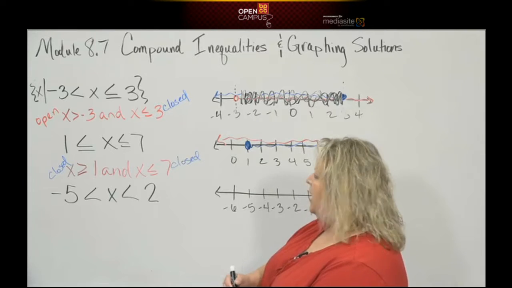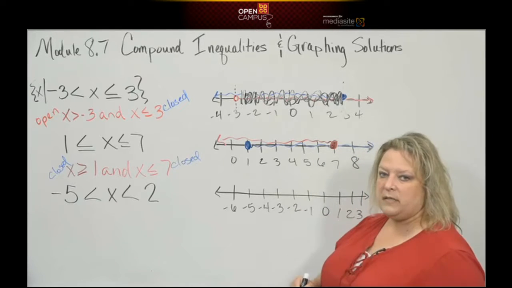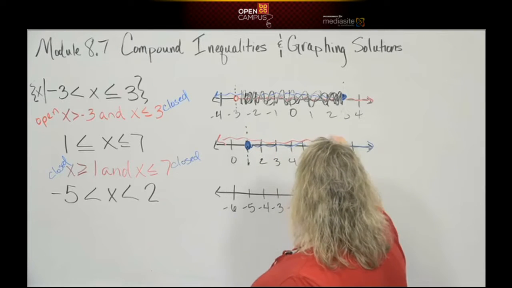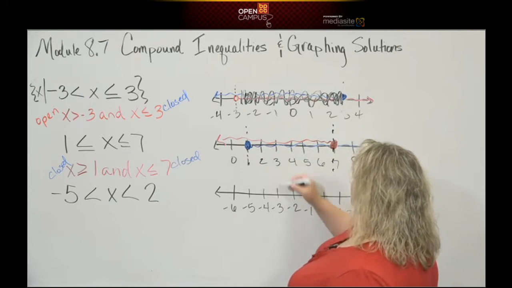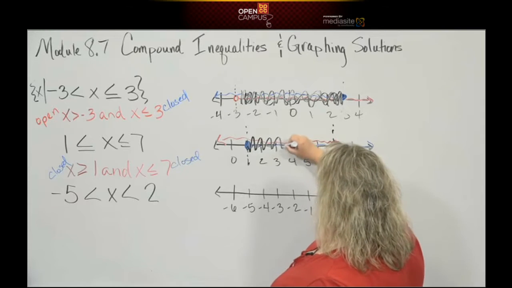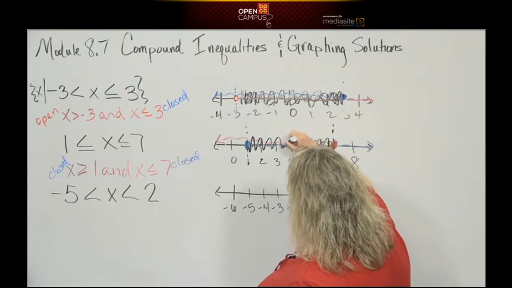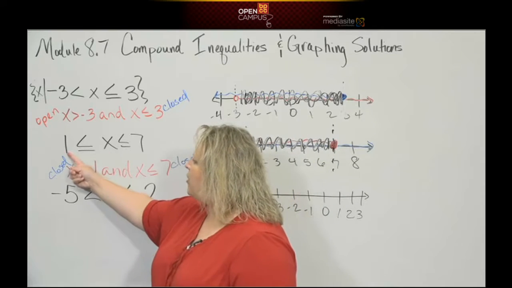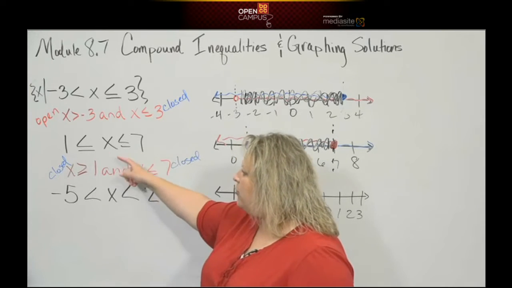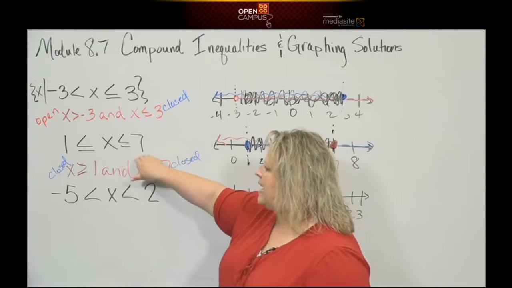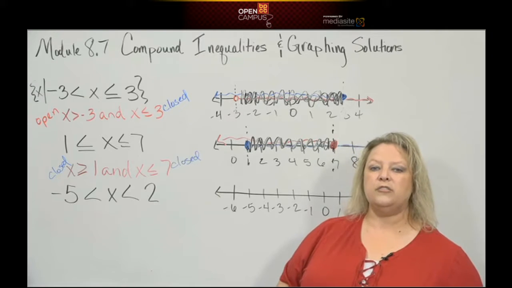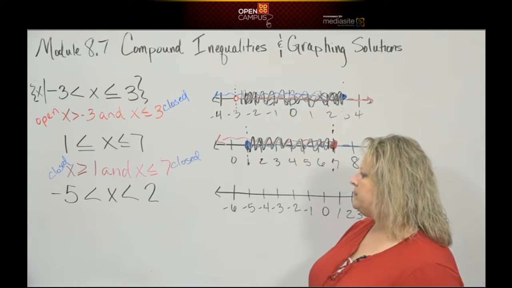And then, if you look at what overlaps, from here to here, all of this business in the middle, that's what you are graphing. This stuff right here, from 1 through 1, 2, 3, 4, 5, 6, and 7. You're graphing all of those numbers right there that make up the solution set to your problem.